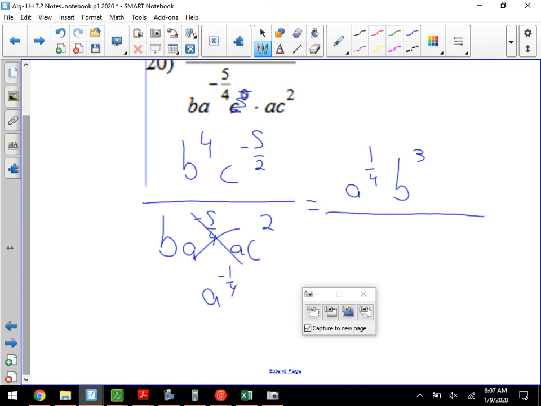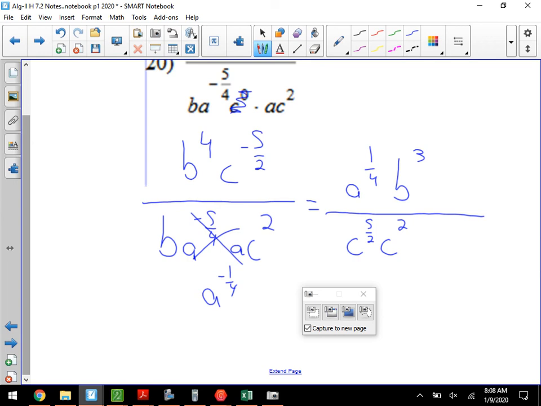Denominator now has the c to the 5 halves and c squared. 5 halves is how much? 2 and 1/2, okay. So you can split it, or in this one, since this one isn't so bad, how many more halves do I need to make a whole?